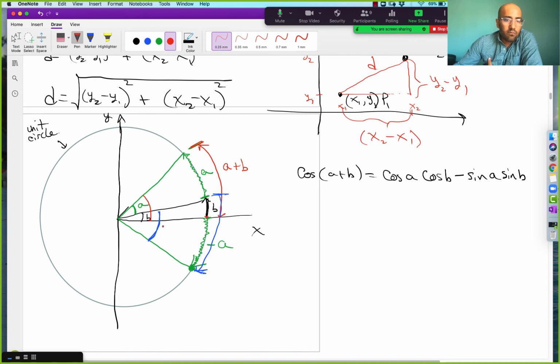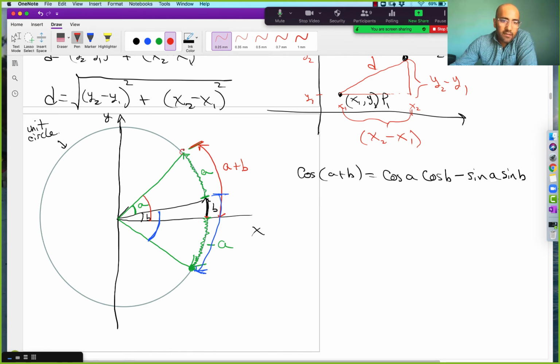This angle must be the same as this one. The red angle must be the same. The distance on it must be the same as the blue one. Because they must be the same, the segment of the unit circle that they subtend must be the same.